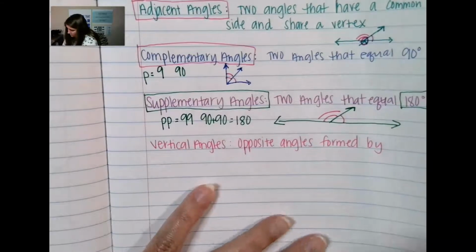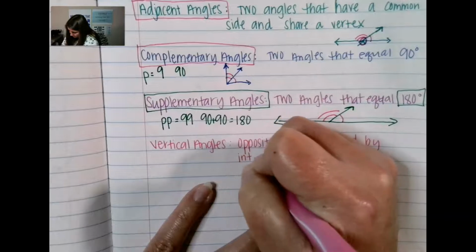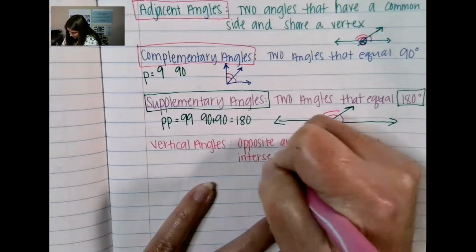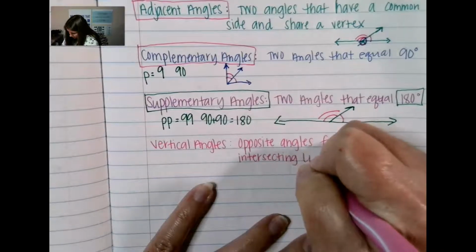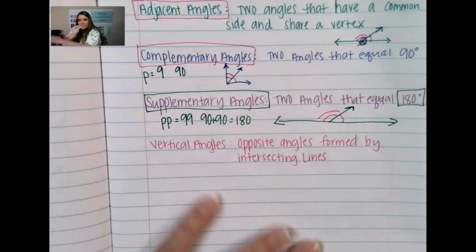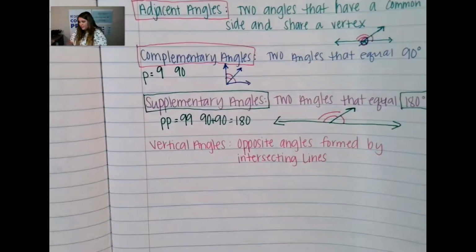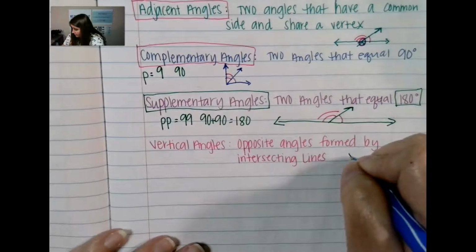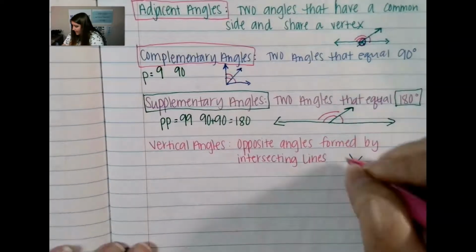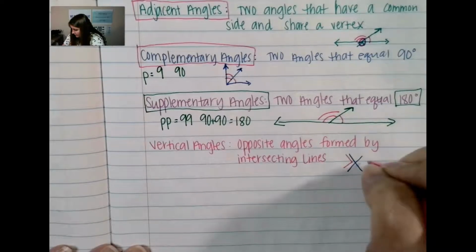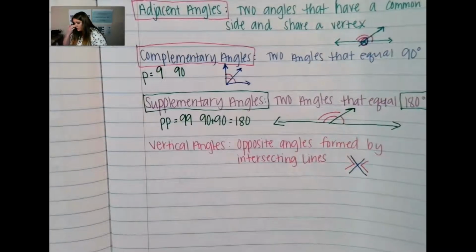The lines are crossing over each other. These ones actually form a big giant X, and this side is opposite and that side is opposite.